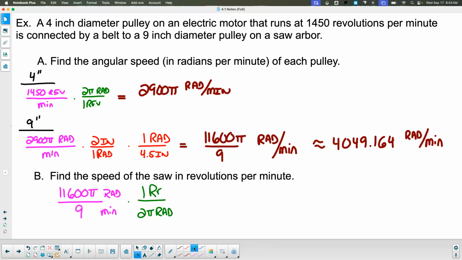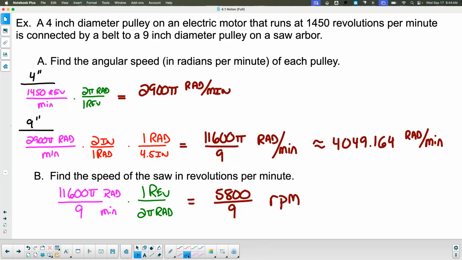So that's going to be 5,800 divided by 9 revolutions per minute. Pi's cancel out. 2 goes into 11,600 5,800 times. Helps to know how to do fractions. Okay.